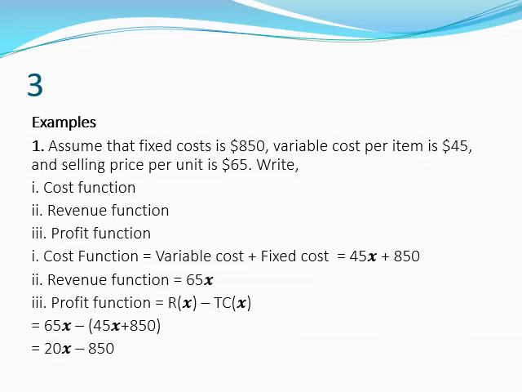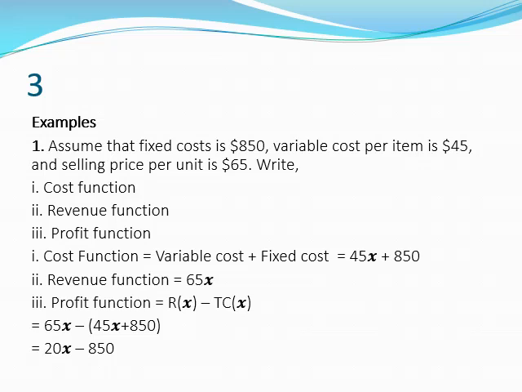Now, for example, assume that the quantity of production is 10, which means x equals 10. If x equals 10, then the total cost equals 45 multiplied by 10, which is 450, plus 850. This is the total cost.